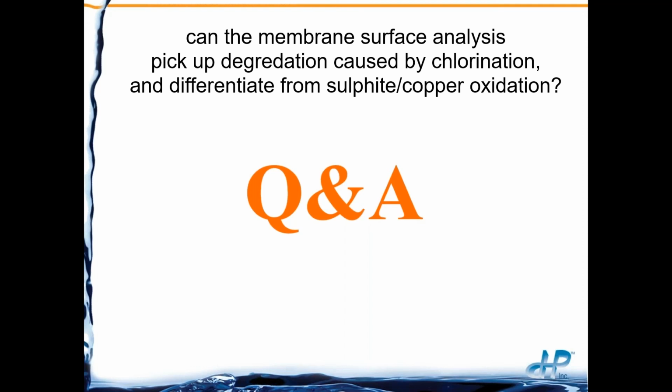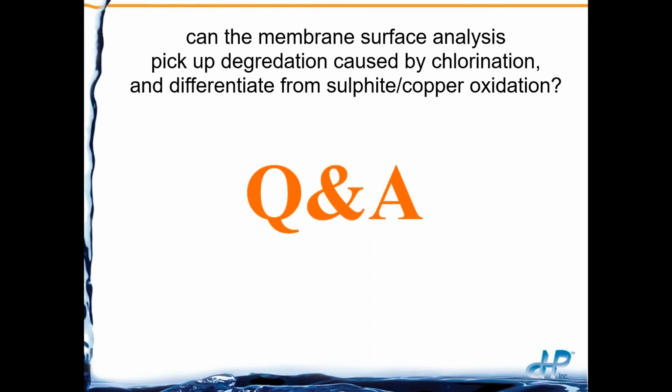If we have those two fail, we will also do what's called a Fujiwara test. Fujiwara is a test looking for halogens that could have come in contact with the membrane. There can be a lot of false positives with Fujiwara, so we don't usually do it, but sometimes we'll do the Fujiwara.